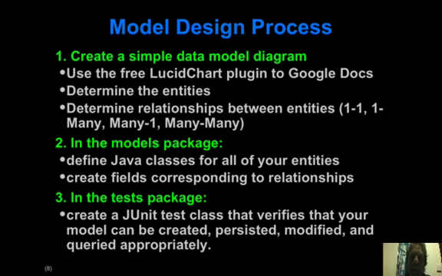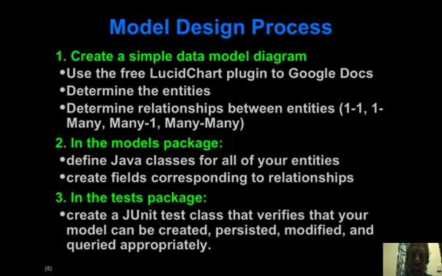There turns out to be a free plugin to Google Docs called Lucidchart, which has drawing tools for making entity relationship diagrams, which I discovered, and so I want to strongly recommend it. In fact, I'm going to have you use this tool for the assignment, so that you get some familiarity with making these diagrams. They're super simple. And you're going to specify, as I said before, the relationships between the entities, whether they're one-to-one, one-to-many, and so forth.